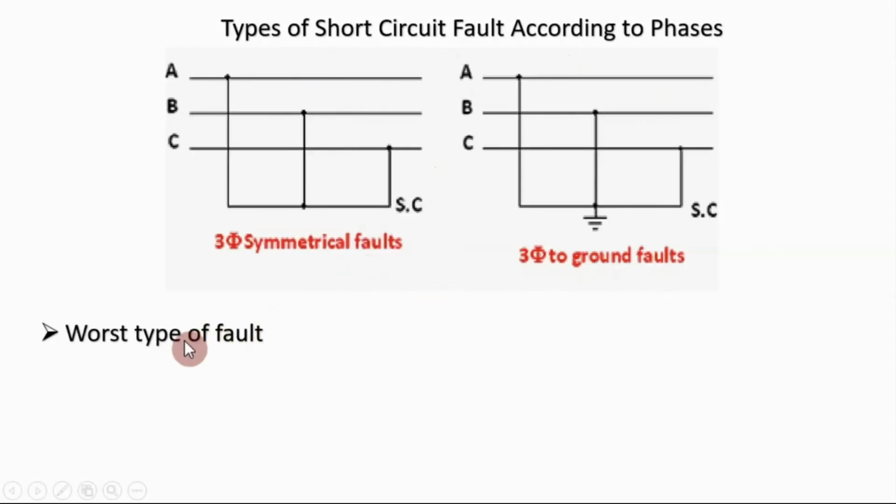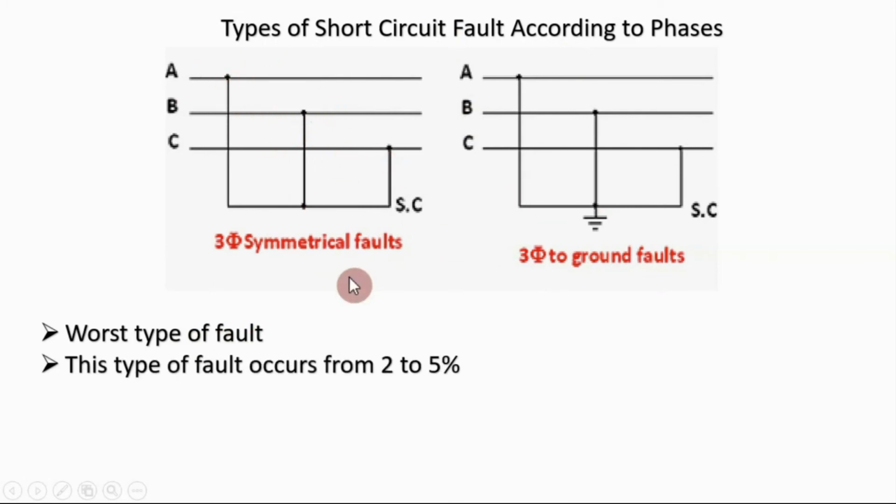Okay, this is actually the worst type of fault, because if you'll notice here, a huge amount of electrical current is being considered here. This type of fault occurs 2 to 5%. Actually, this occurs rarely. This type of fault is rare, but this is the worst type of fault.